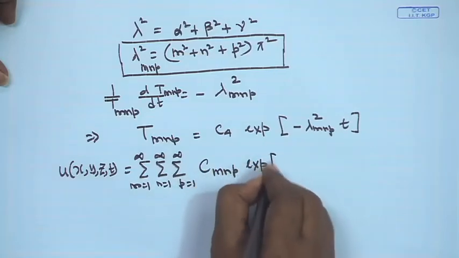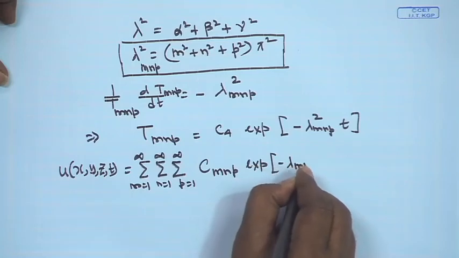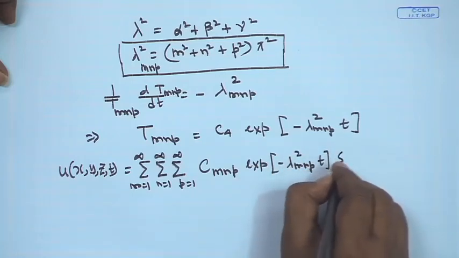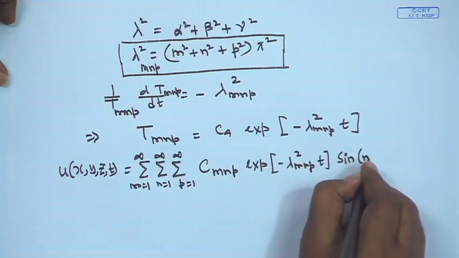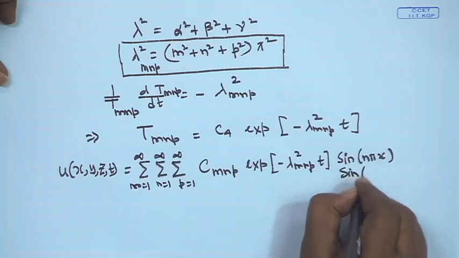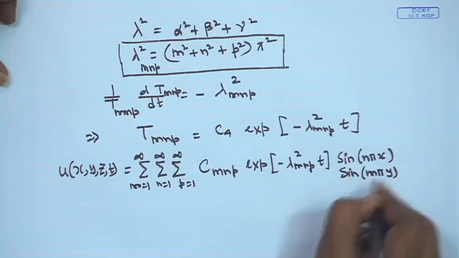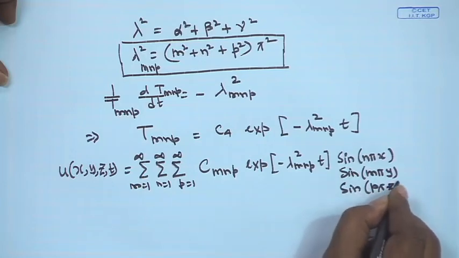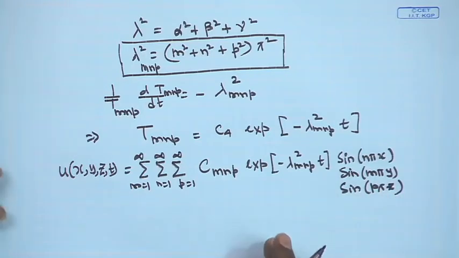exponential of minus lambda_mnp square times t, sin n pi x, sin m pi y, sin p pi z. Now, the problem is almost over.